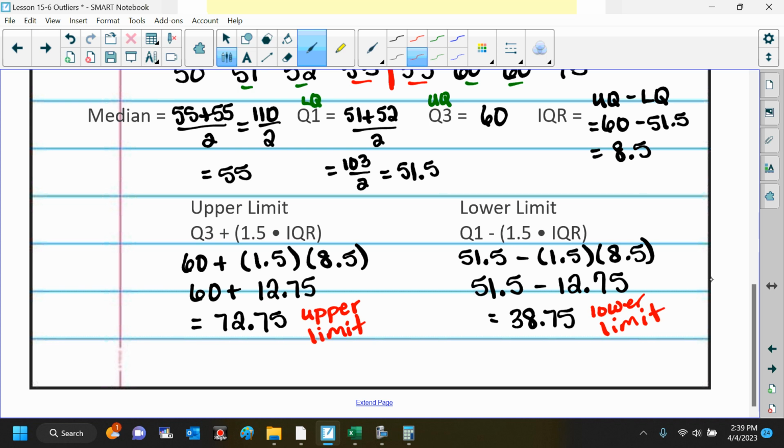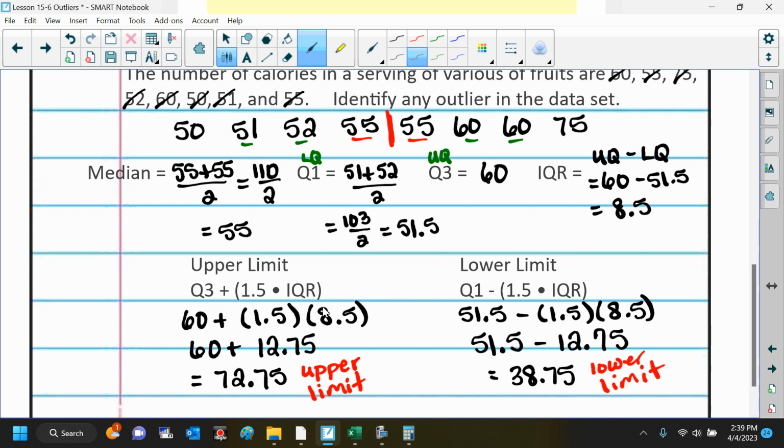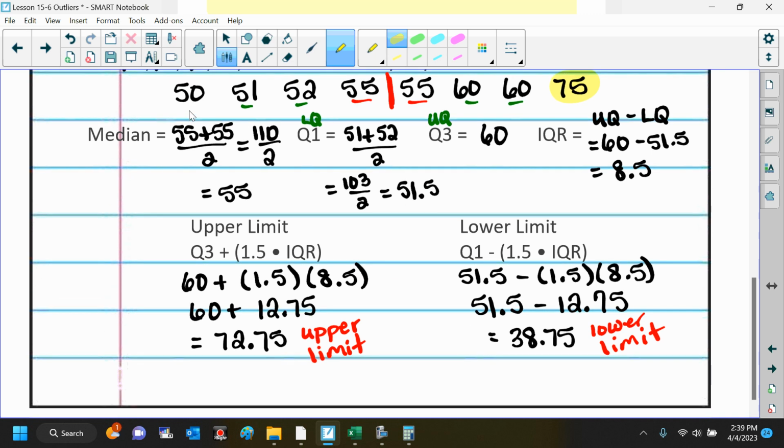Now we can check. Do I have any numbers that are higher than 72.75? Yes, we do. Look, 72.75, there we have one right there. And do we have any numbers that are lower than 38.75? No, we don't. So the outlier here is 75.